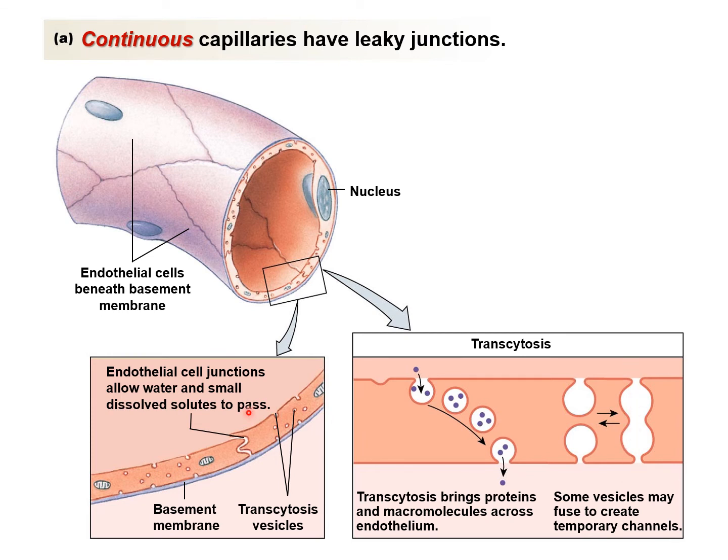But the vast majority of material is actually moving paracellularly between the cells and not through the cells. You see both processes, and they're important. Nevertheless, you do see mostly paracellular movement in continuous. And this is by far the largest population of capillaries in the body, far and away.